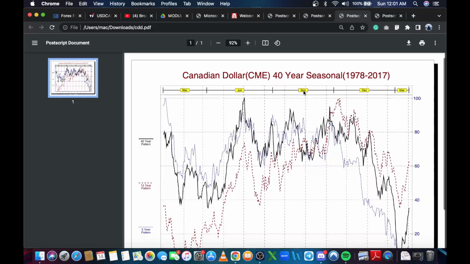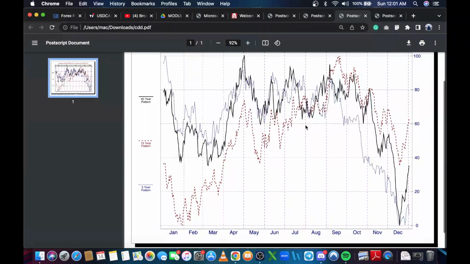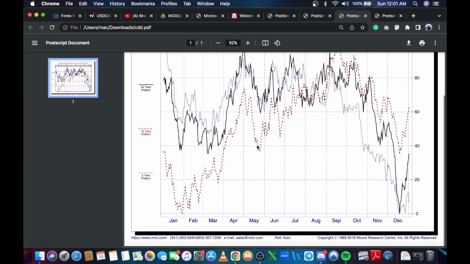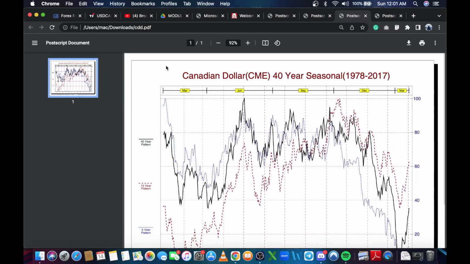So let's look at Canadian dollar. And you can see around the start of May, there's a very strong seasonal on the 40-year, 15-year, and also 5-year for Canadian dollar to decline going into the end of May. So that creates a very strong potential for one-sidedness.